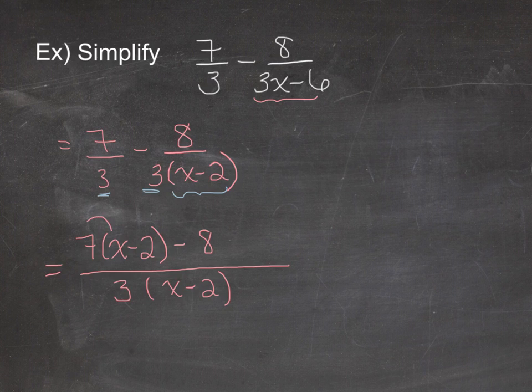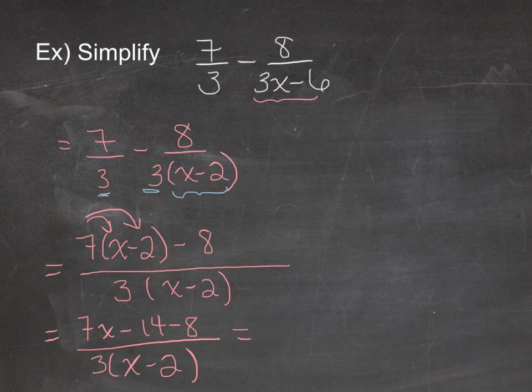So now again, I have to distribute the 7 through, so I have 7x minus 14 minus 8 all over 3 times x minus 2. Okay, so that'll be equal to, collecting like terms, 7x minus 22 over 3 times x minus 2.